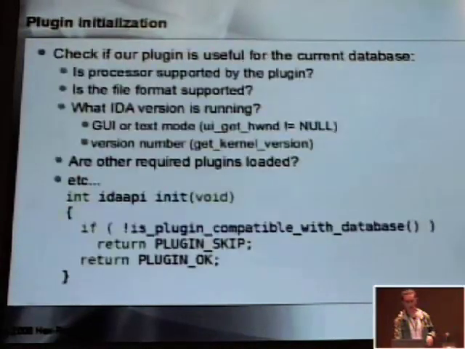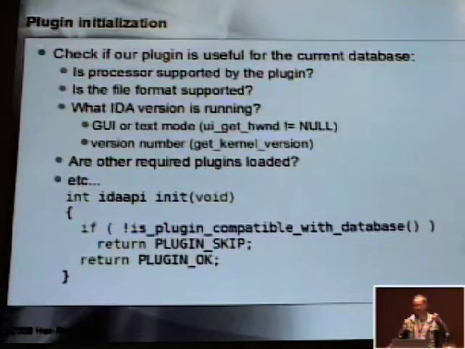So about the first function, when you have a plugin, your plugin will do something for your particular situation. If you work with obfuscated Windows applications, you are not interested in a SPARC module or something like that. So the first question your plugin should check is whether the current processor is supported by the plugin.